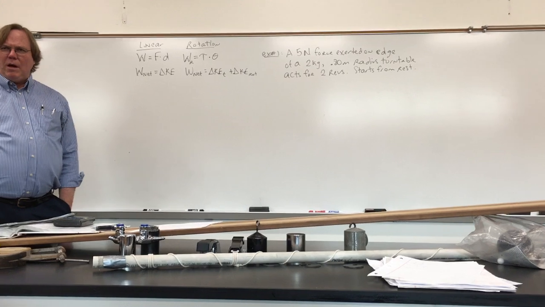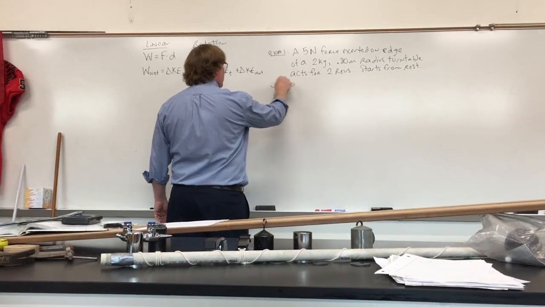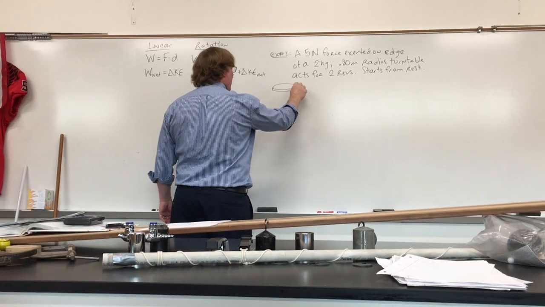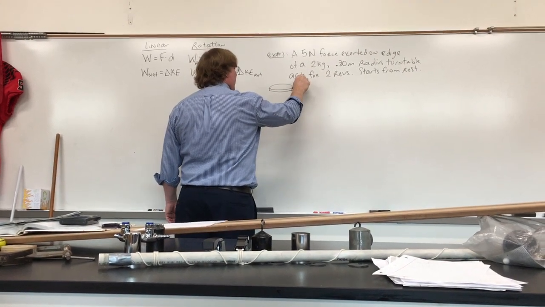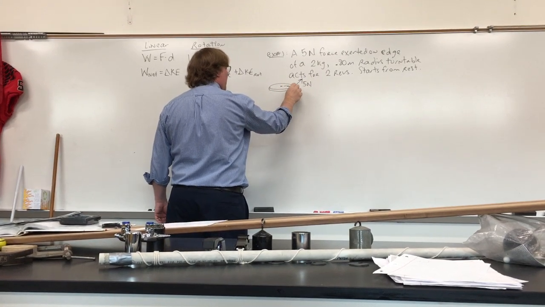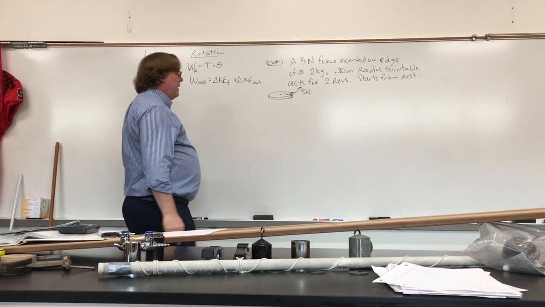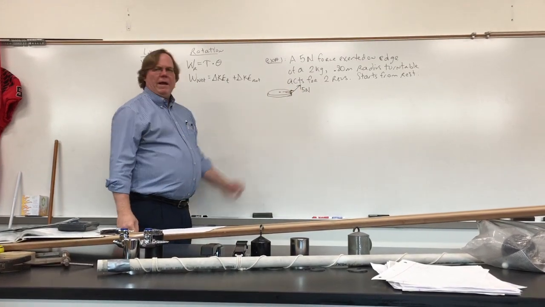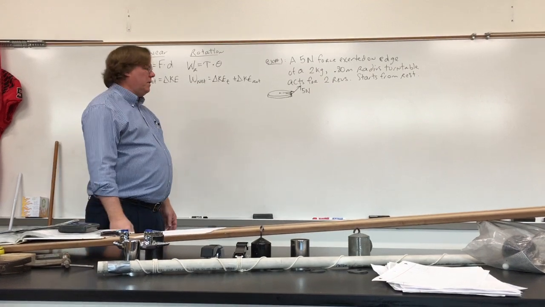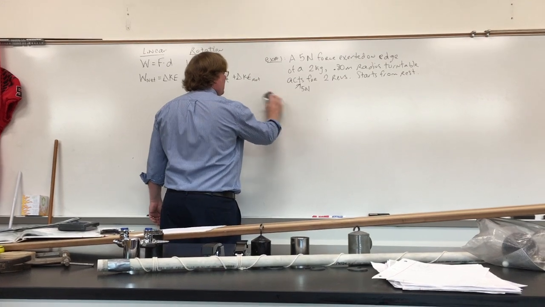Let me make sure you understand the scenario. I've got a turntable that's experiencing 5 newtons of force, and that force is perpendicular to the radius of the turntable. That is, the force is tangent to the turntable. I didn't do a very good drawing here.